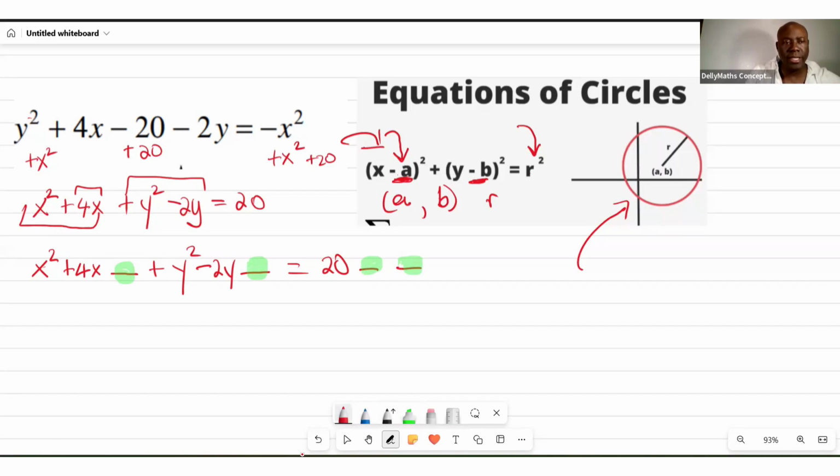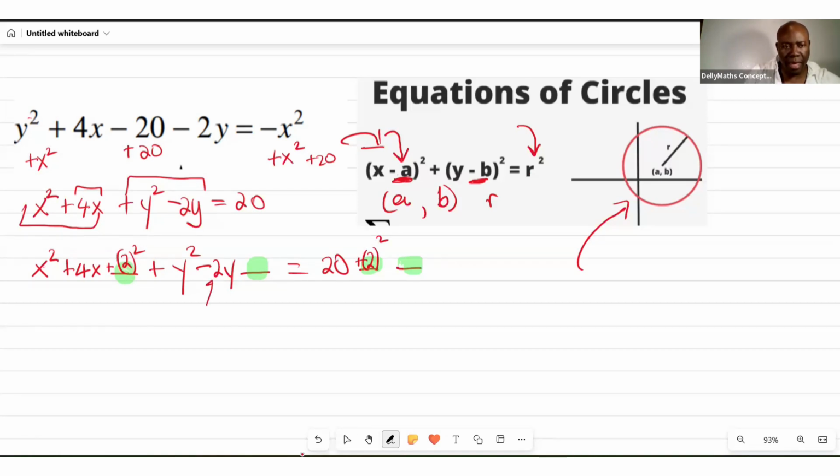So focusing on the x, which is all of these here, the idea is that I'm going to take a half of my middle term here. Half of it is 2. So I'm going to take a half of this value, right? Half of that is 2, and I'm going to square it. So basically, I'm going to add 2 squared here, which means I'm going to have to add 2 squared here for balancing as well.